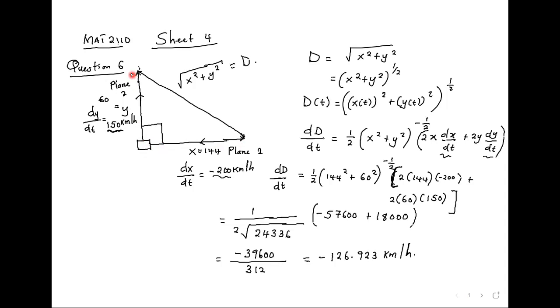Then we are saying this one is heading to the North Pole as this one maintains the North Pole and goes up. So what is happening is that this one is going up at a slower rate as compared to the rate at which plane one is getting to the North Pole, which is sitting on the airport now. This is 200 kilometers per hour. That is higher than 150 kilometers per hour.